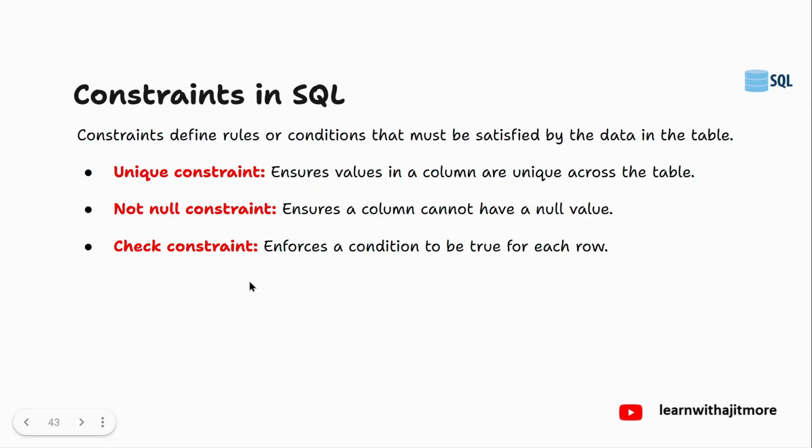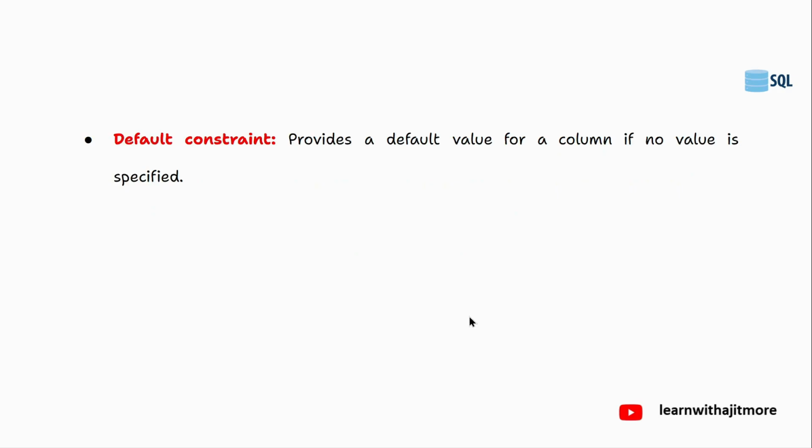Then check constraint enforces a condition, and each and every value should satisfy that condition. So it ensures a condition to be true for each row. Then default constraint. Here we give a default value to the column, and it is used in the absence of an explicit value. When you don't give any value, it will take the default value.